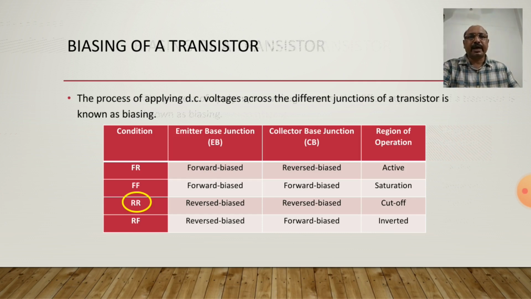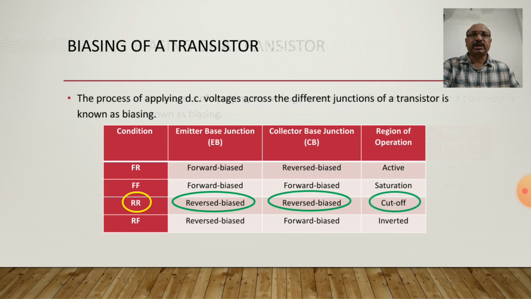In this case the transistor is in cutoff mode, or the transistor is in the off state. Practically you will get zero current because the emitter does not emit charge carriers into the base. The transistor is used as an open switch in that condition.